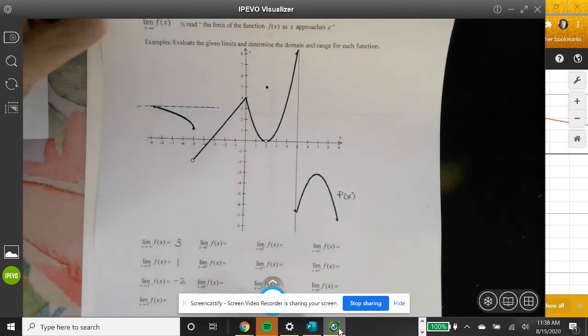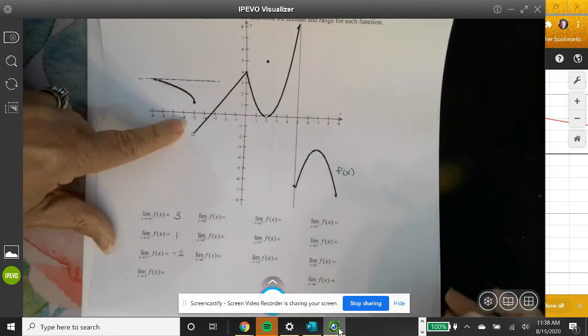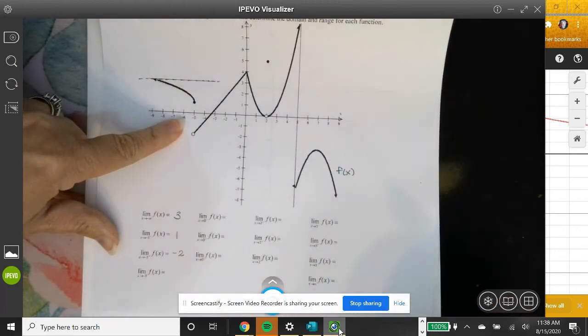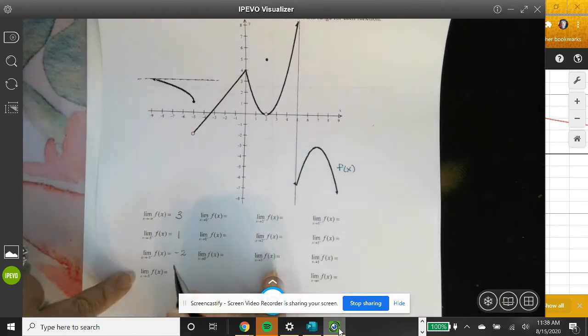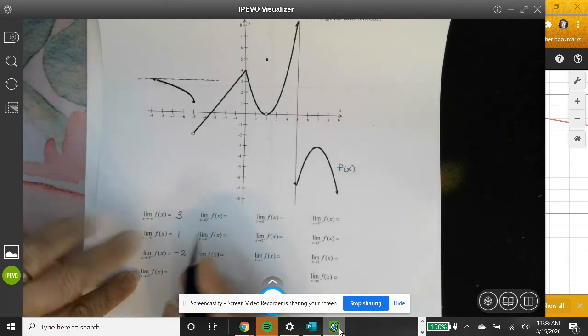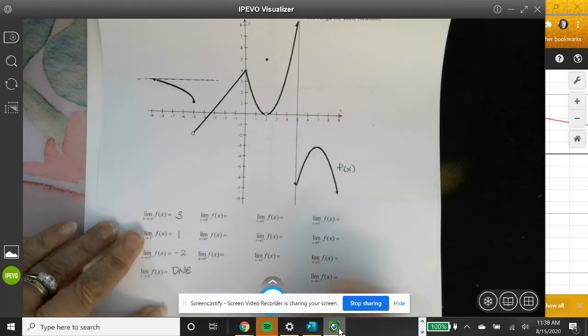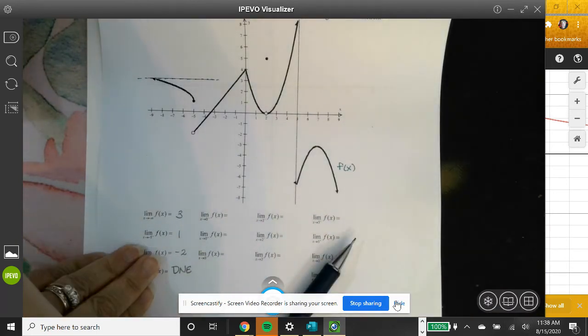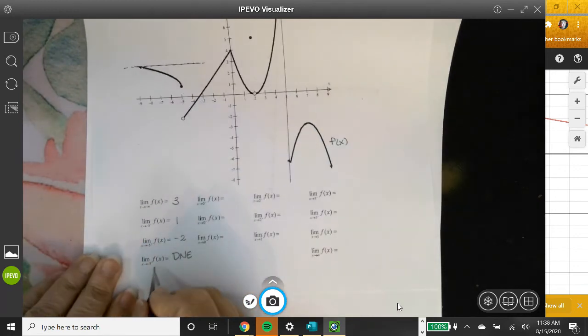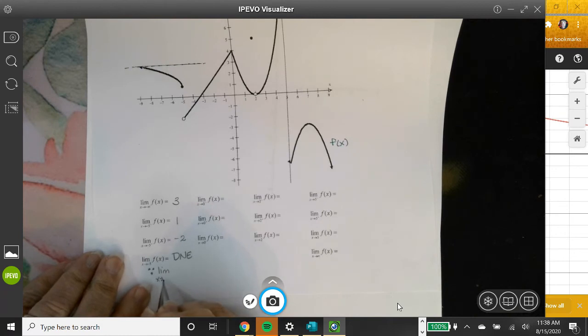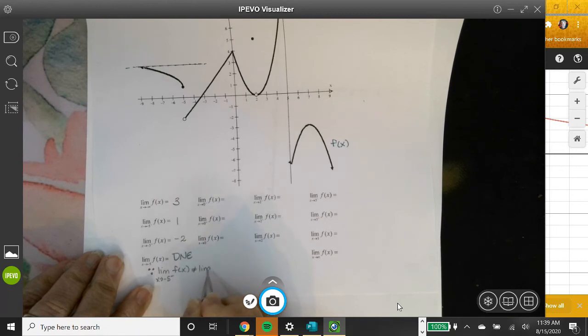We're making a mental note that this is a jump discontinuity, to refresh our memory. And the limit as x approaches negative 5 as our general limit, or from both sides, does not exist because, using our mathematical communication, since the limit as x approaches negative 5 from the left side is not equal to the limit as x approaches negative 5 from the right side.